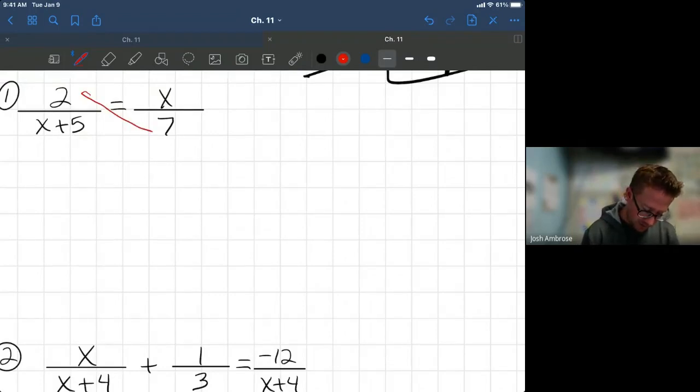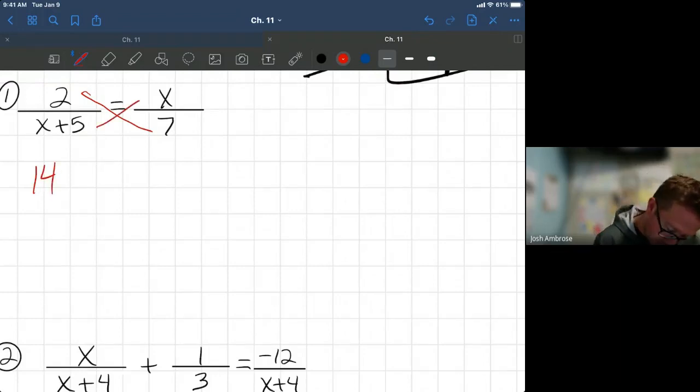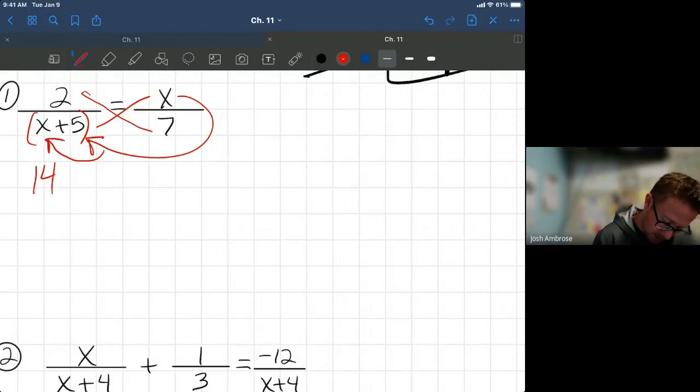2 times 7 is 14. We will cross multiply here, but I want you to think of it as x times 5 and x times x. And don't forget your equal sign. That equal sign has to be there.